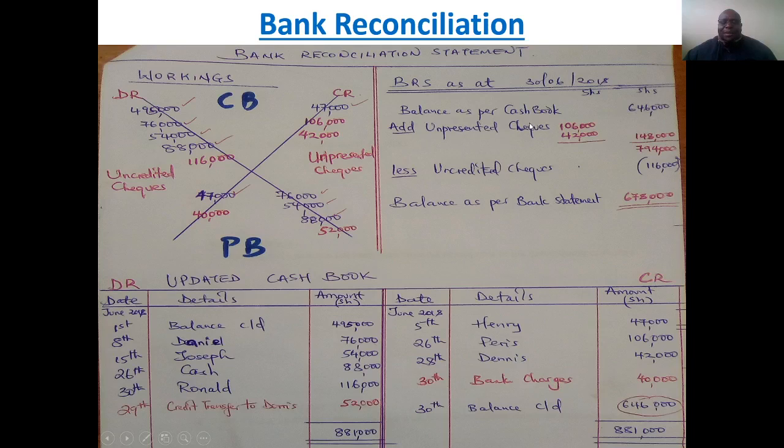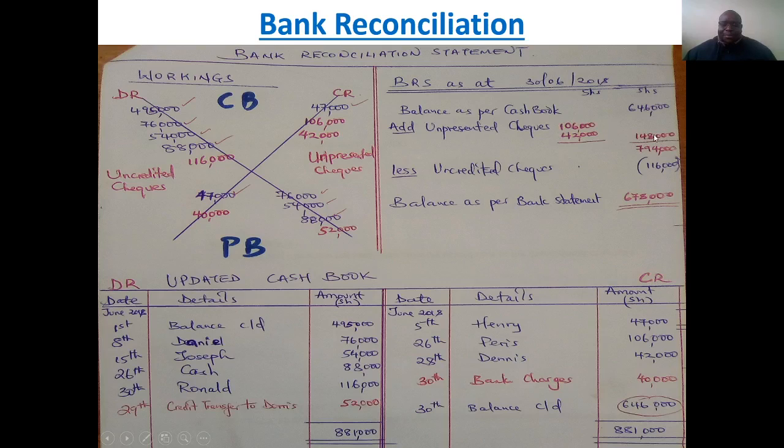Then we add unpresented checks, the checks that have not been presented to the bank for clearing. These were not appearing in the bank but were appearing in the cash book.